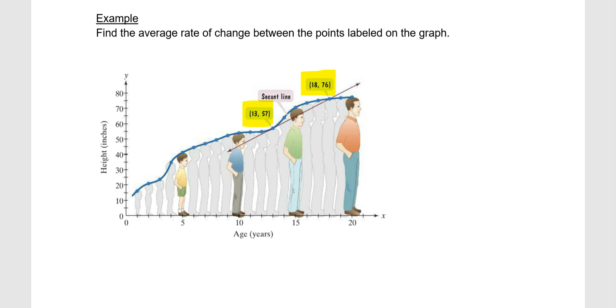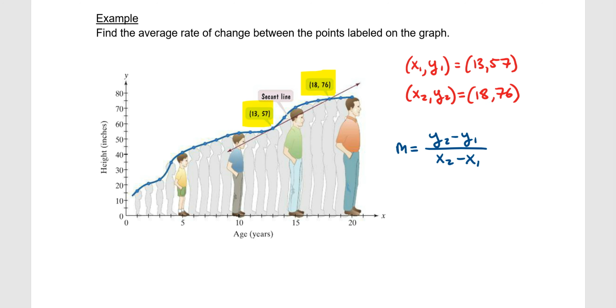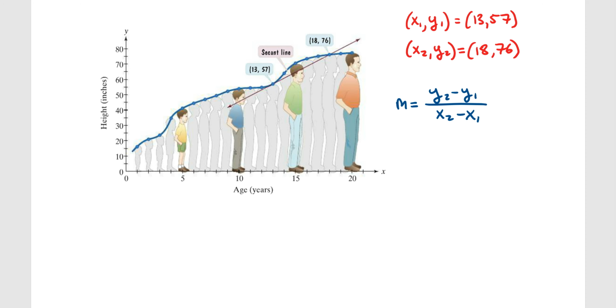We can see the secant line connecting those years. I'm going to let (x1, y1) be (13, 57), the first point, and (x2, y2) be (18, 76), the second point, and the slope between them is given by our slope formula. So let's plug in these values.